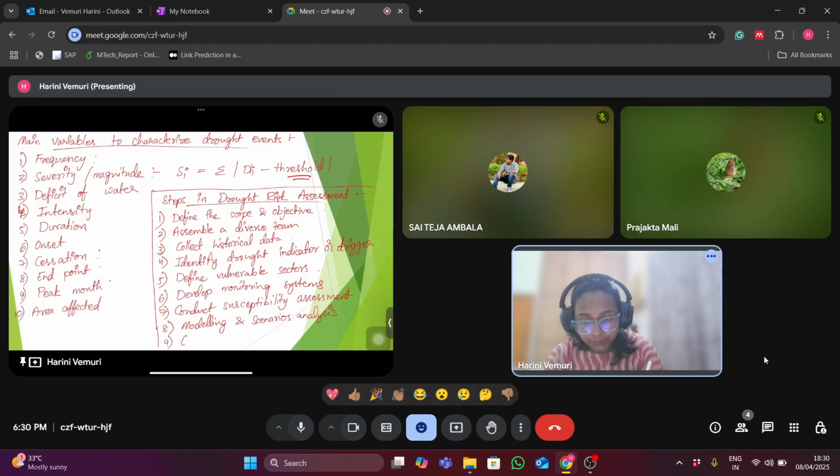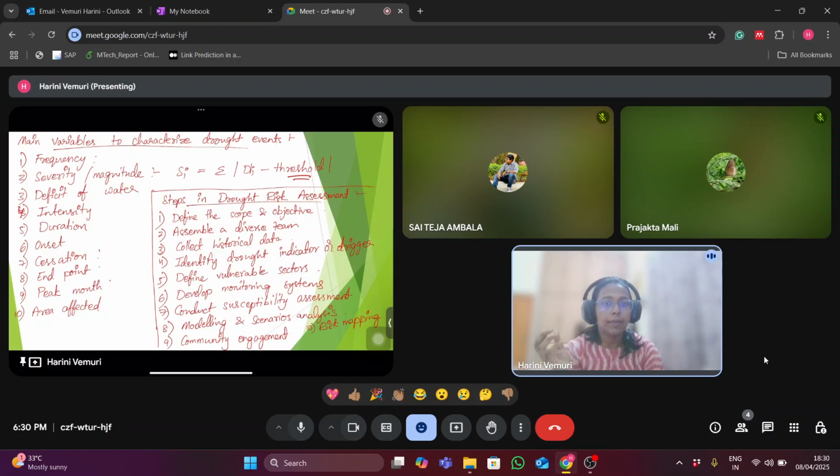Then we have to engage the community staying in the particular location, and then we have to do risk mapping. So identify the areas which are drought prone.